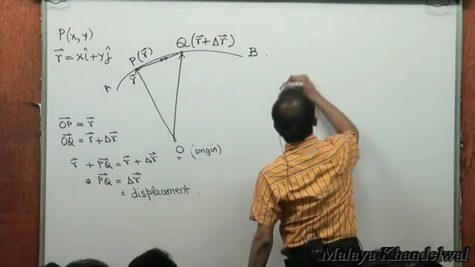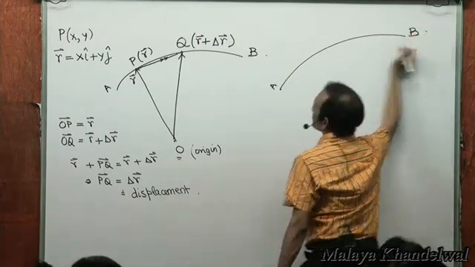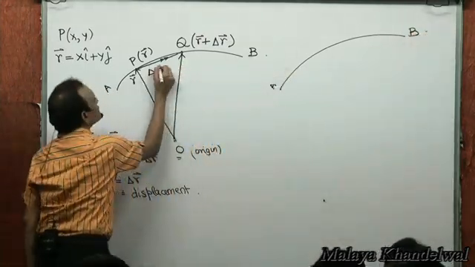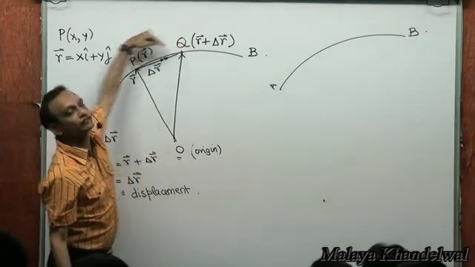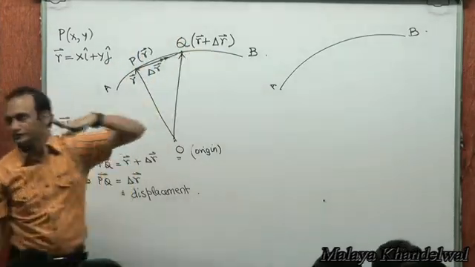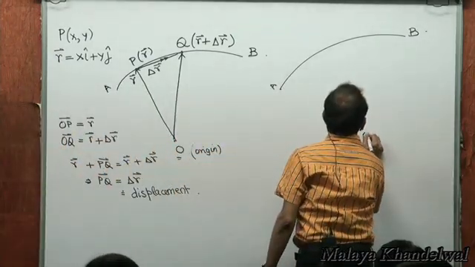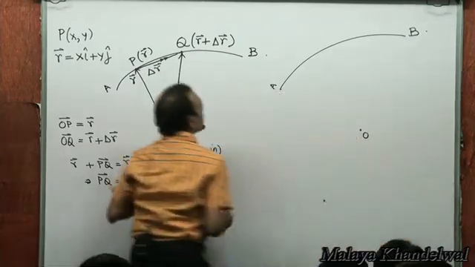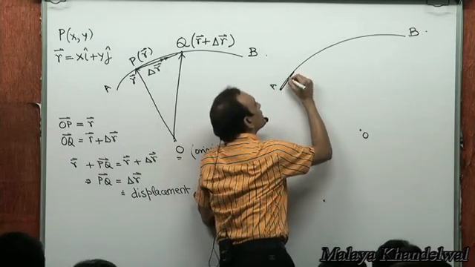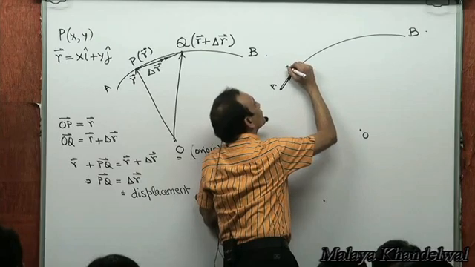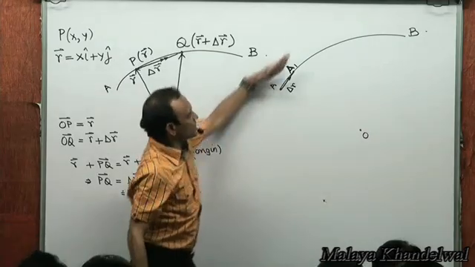Now, essentially, the vector delta r, that is change in r, takes you from a point P to another point Q on the curve. That's what delta r does, right? Now, what we could do is, from the point A to some neighboring point A1, let's say the vector is delta r, that is change in r.